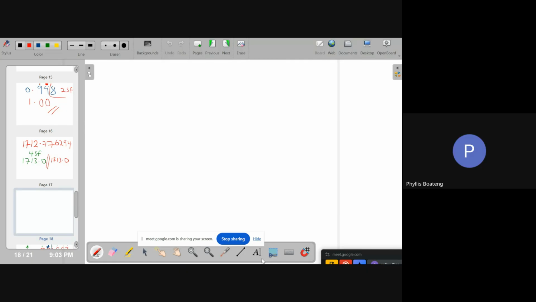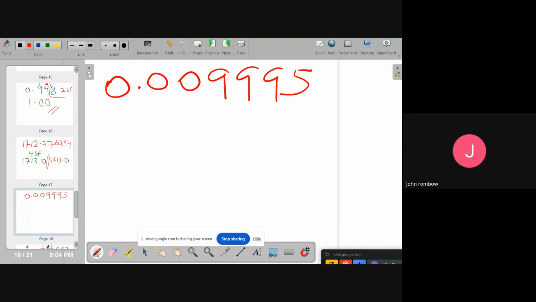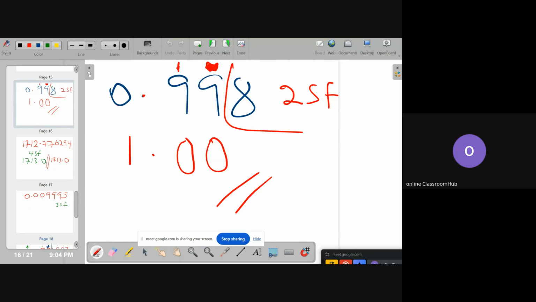Sir, the fourth example says 0.009995 to 3 significant figures, 3 SF. He said the answer is 1000. Are you sure? Yes, it's 1000. Look at this one.